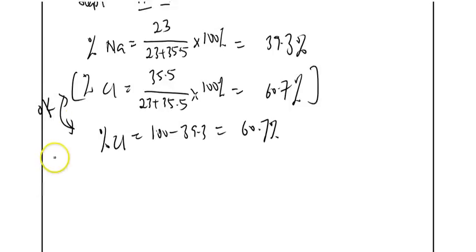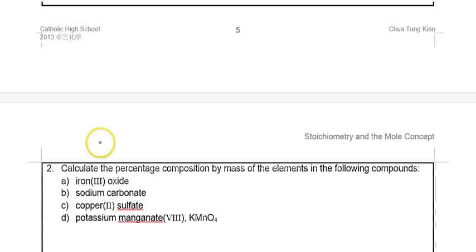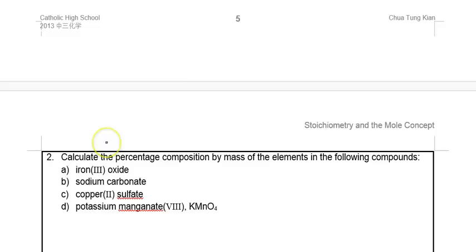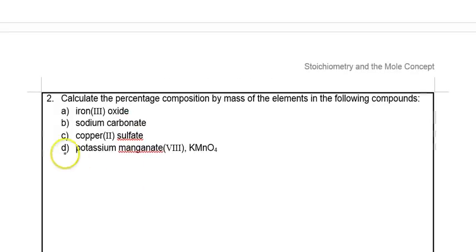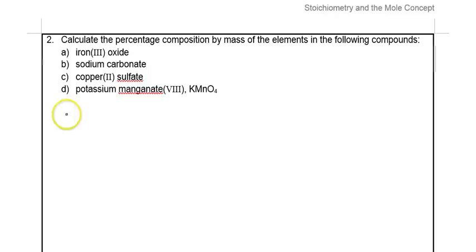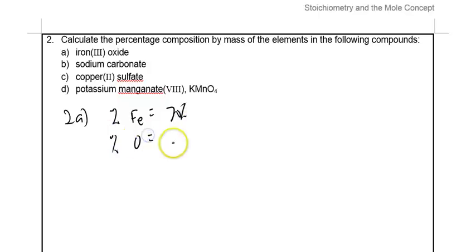So do checkpoint 3, questions 2A to 2D by yourself. For 2A, iron 3 oxide, percent iron, you should get 70%. Percent oxygen, you should get 30%.